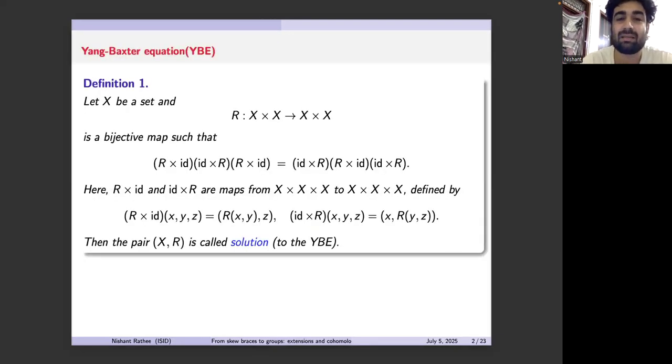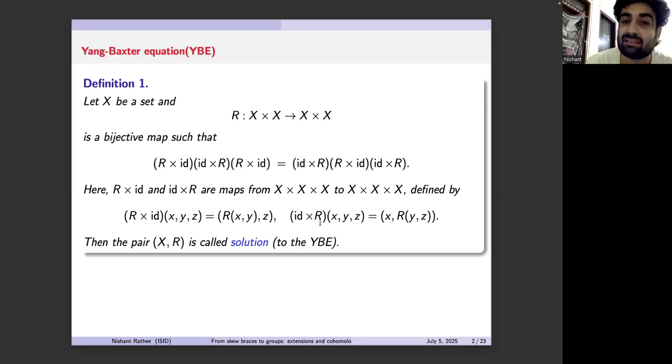So let me start with some background. Why do we study skew braces? Suppose you have a set X and a bijective map R from X square to X square such that it satisfies the braided relation: R cross ID composed with ID cross R composed with R cross ID equals ID cross R composed with R cross ID composed with ID cross R, where R cross ID is a map from X cube to X cube such that R acts on the first two components and the last component remains as it is.